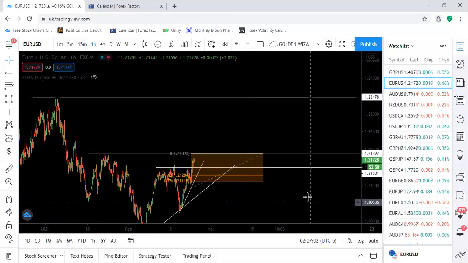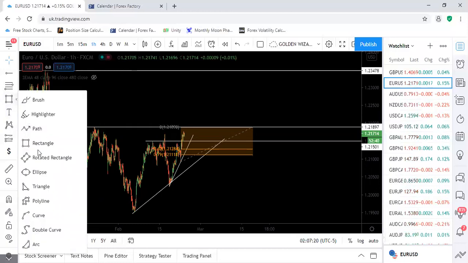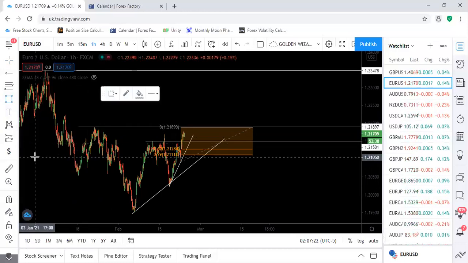There's many different ways that could play out. Yesterday I had mentioned that this area could be something like a resistance. So what I'm going to do is turn this into a zone, more of a general area.